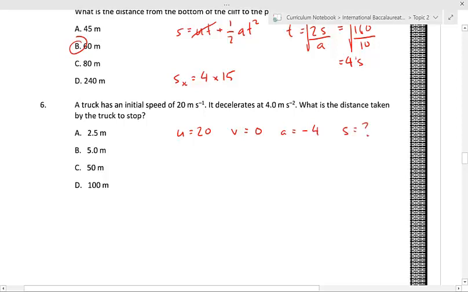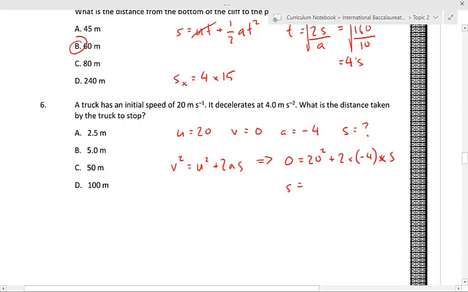So we'll use the equation v squared equals u squared plus 2as, and v is 0, so we then get 0 is equal to 20 squared plus 2 times -4 times s.